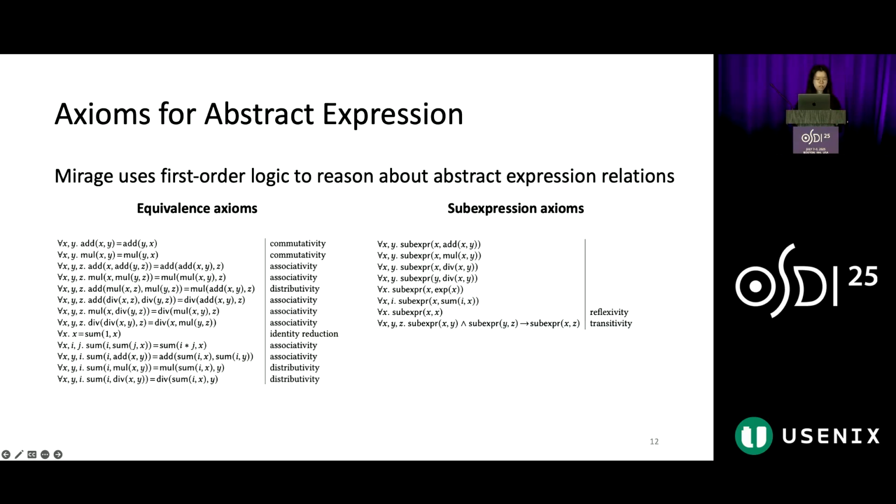Mirage uses first-order logic to reason about the abstract expression relations. We maintain two sets of axioms. The first set is the equivalence axioms, which capture the algebraic properties between operations. And the second set is the sub-expression axioms, which capture the properties of the sub-expression relation, basically reflexivity and transitivity.